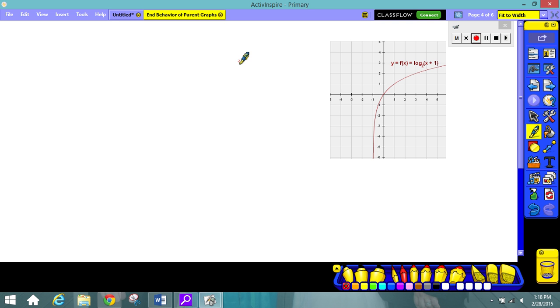If you looked in your table of values, you would see that x is getting closer and closer to -1, but it'll never go beyond that. So in this example, on the left-hand side of our graph, we would say as x is approaching, it's not approaching negative infinity, it's approaching the value of -1 because that is where my vertical asymptote is. So x approaches -1, where is it pointing?